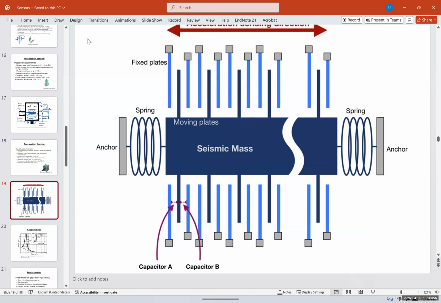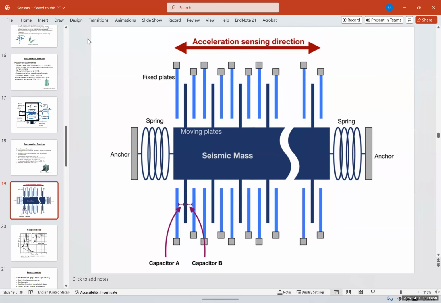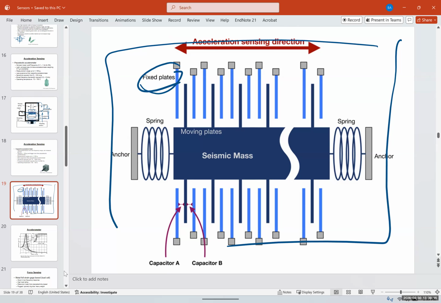Now, the way that a capacitive accelerometer or acceleration sensor works is like this. You have a seismic mass in the middle, and then you have fixed plates. You can see the fixed plates, and all of this is in an enclosure, okay, in the sensor.